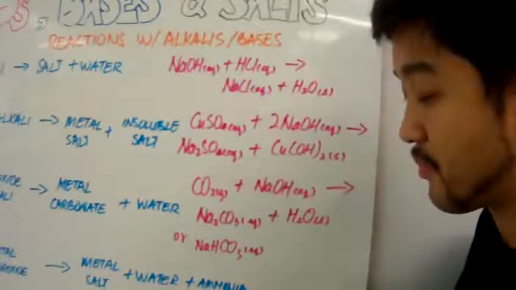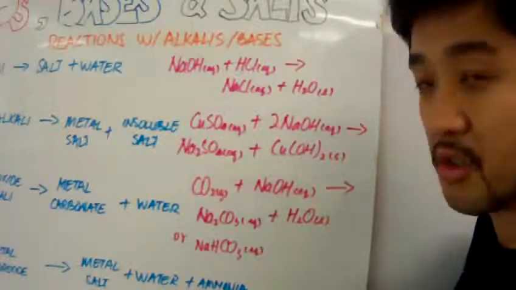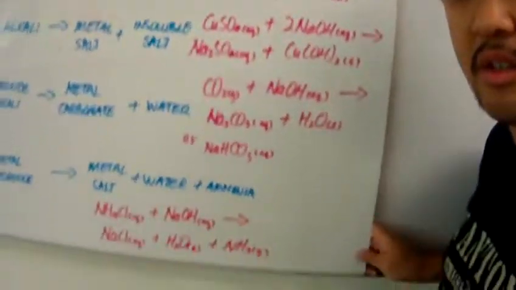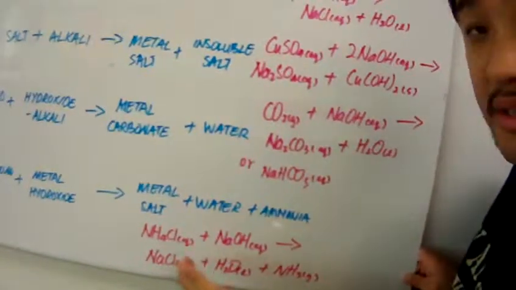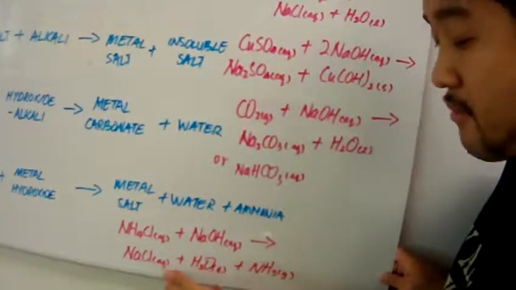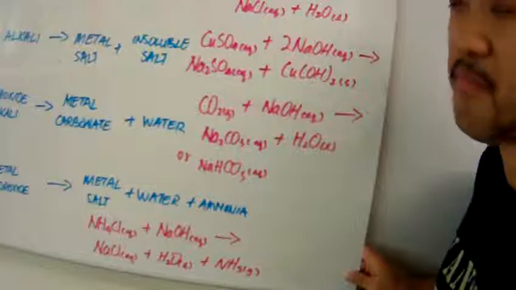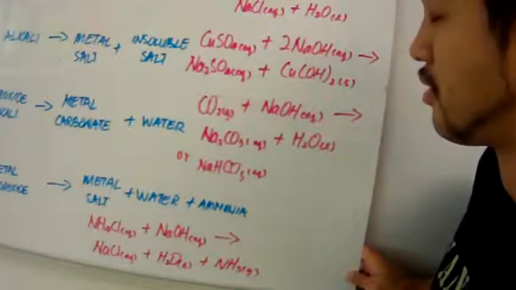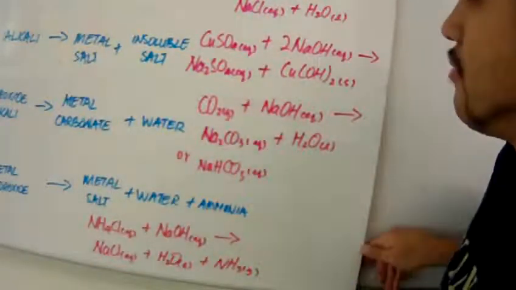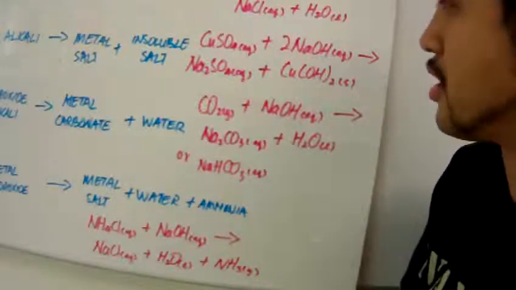Both are aqueous, and then what you get is sodium chloride, salt. All right, let's balance this here. So you get sodium chloride and water plus ammonia gas. That's basically dissolved, or some of it will bubble out from the solution.